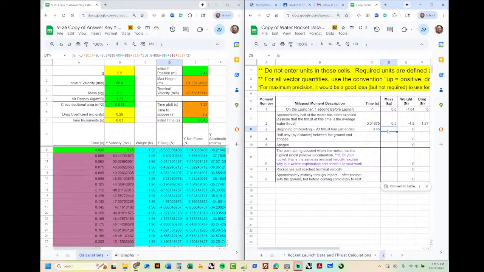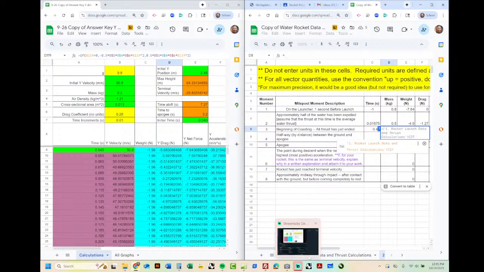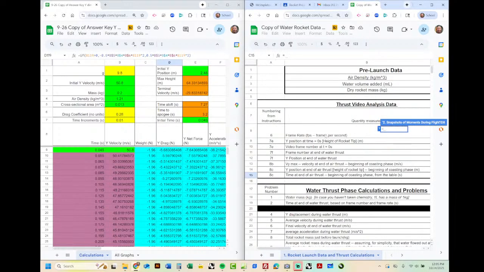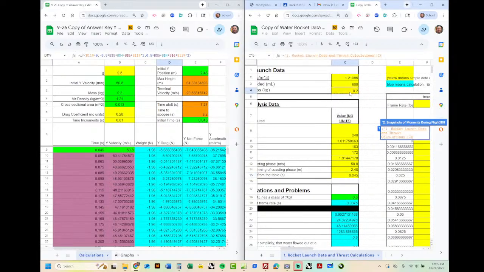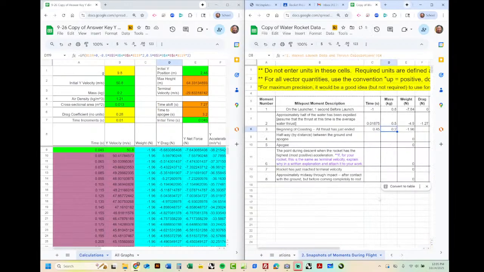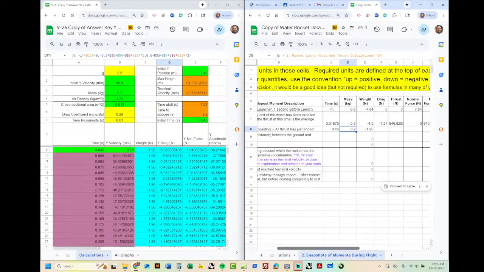And the mass, I could get this from the other side here, it's going to be the dry mass. But that's the same mass that I would get if I just got it from over here. The drag is negative 5.68. That's coming from right there.